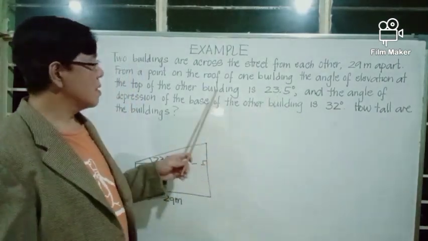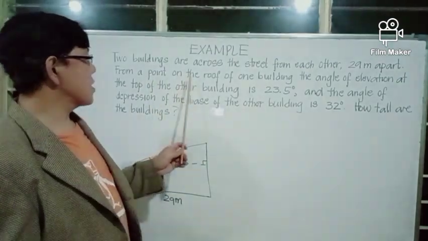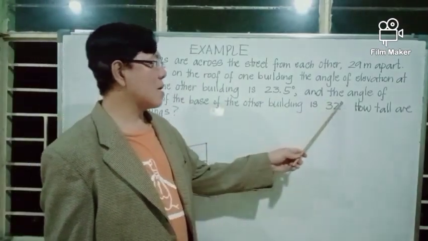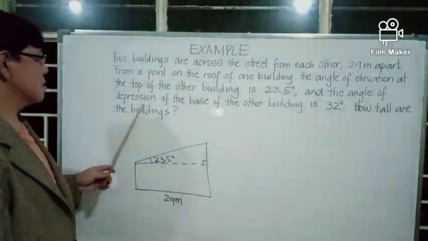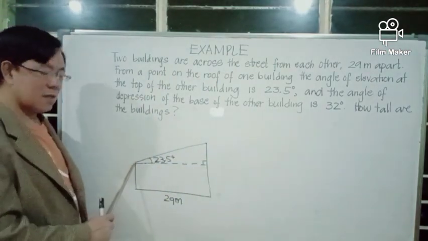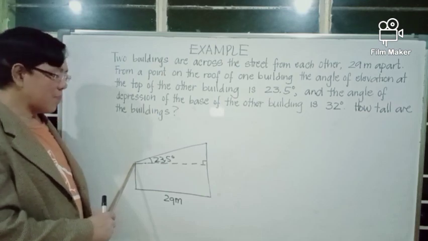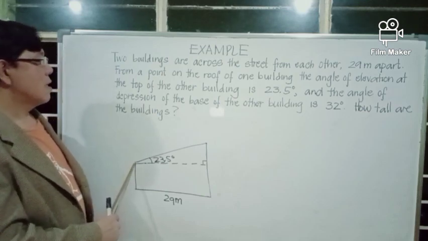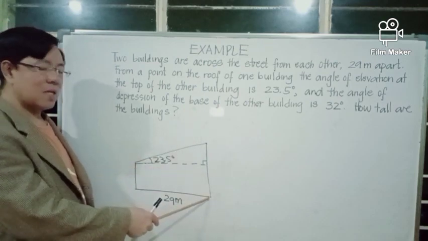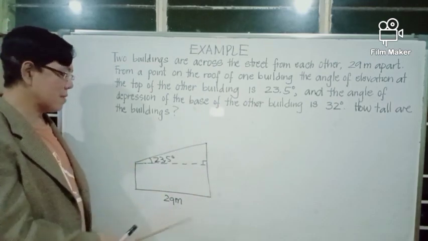The sentence continues. From a point on the roof of one building, the angle of depression of the base of the other building. On the roof of the first building, the angle of depression of the base of the other building. The other building here is our second building.